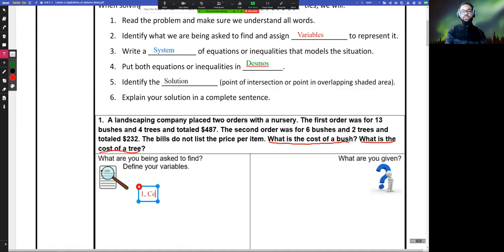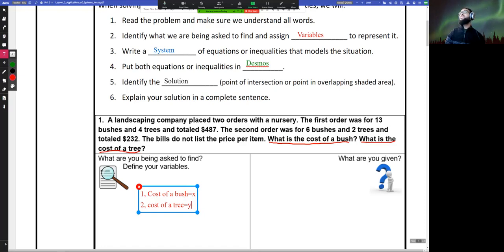Our first one was cost of a bush, and our second one was cost of a tree. Then we can assign some variables to it. I don't see why we can't just use good old X and Y. So let's use X for the cost of a bush and Y for the cost of a tree.